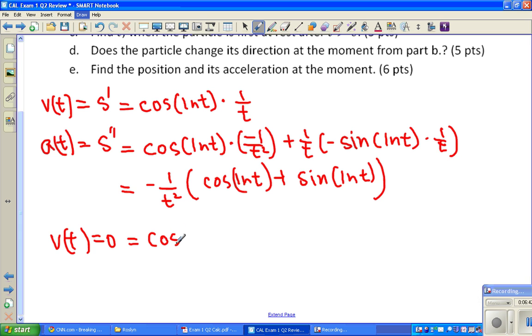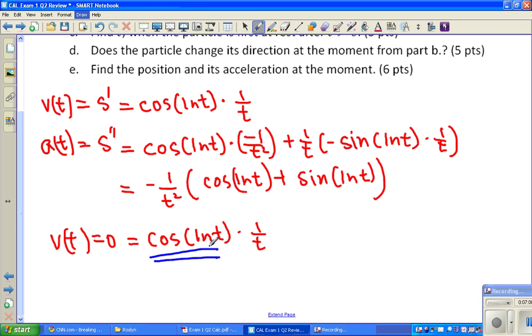In other words, cosine of ln of t times 1 over t has to be equal to 0. Now, since this portion will never be equal to 0, the only way that's possible is when cosine is equal to 0. When do we realize cosine is in fact equal to 0?